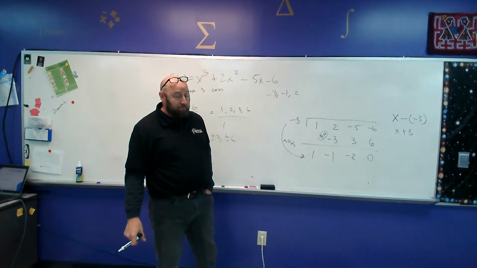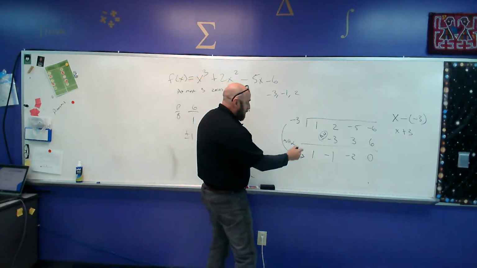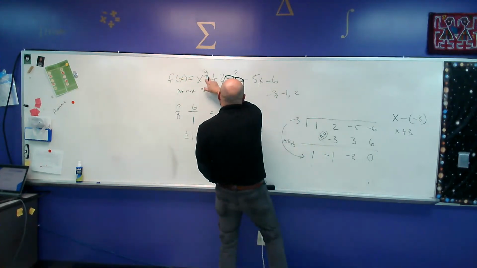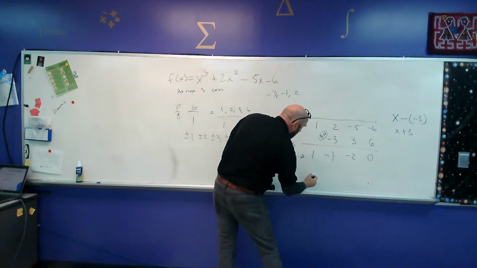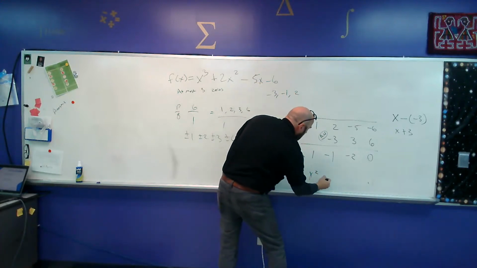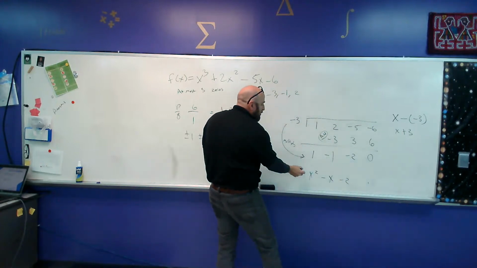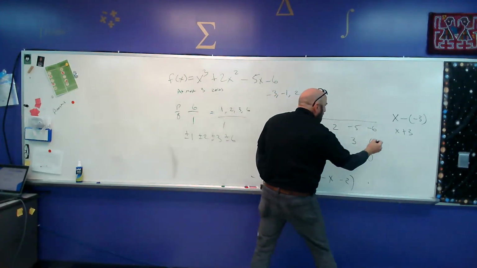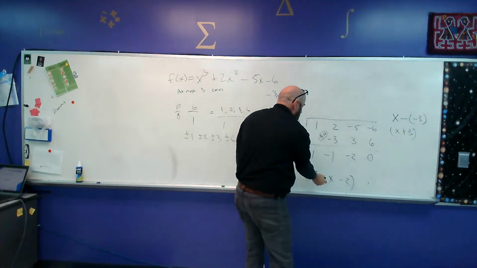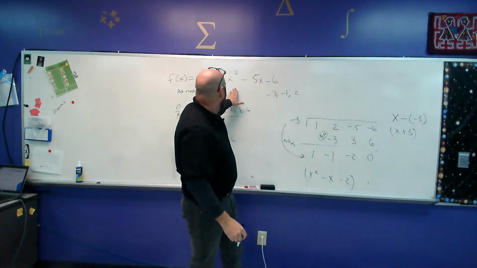But you can make it easier on yourself. If the degree of this is 3, the degree of the next one is just 2. So it's x squared minus x minus 2. That's your new polynomial. So here are your factors: x plus 3 times that will yield this.